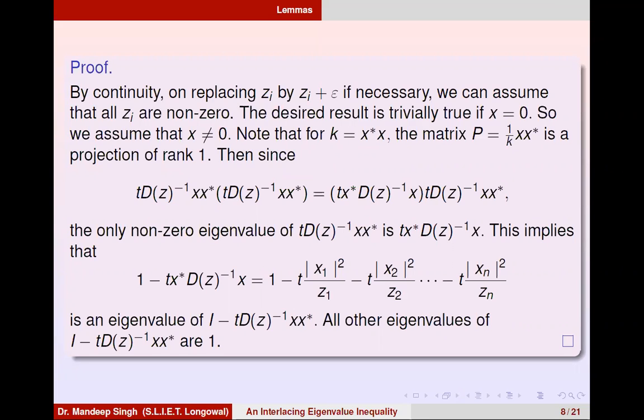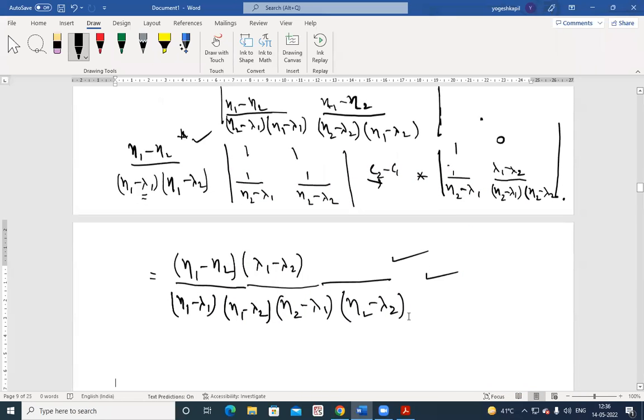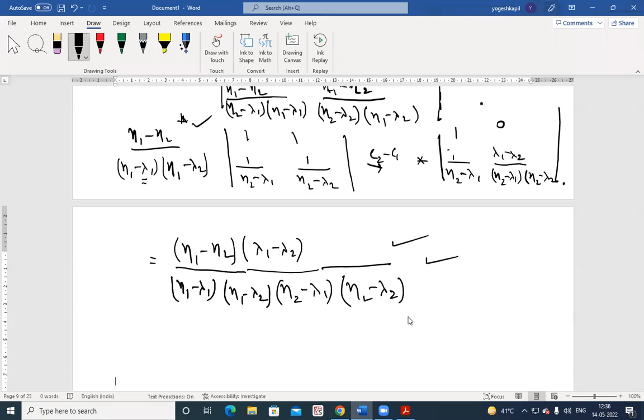The rank of the matrix is 1, and projection means P square is equal to P. You can check it. What is P? We have taken x times x star, where x star is a row vector and x is a column vector. This I take as k, and P is taken to be 1 by k times x x star. Is that okay?